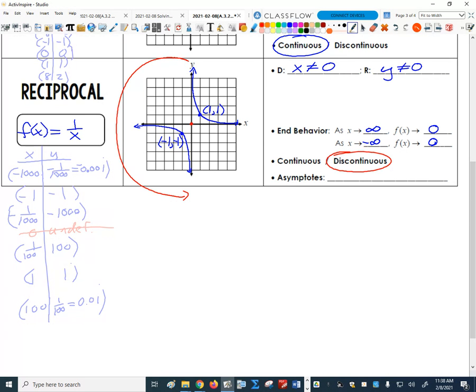There's something we could do to help graph this better. Okay, one thing I could do is I could put in some what we call asymptotes. Asymptotes, if I have to define an asymptote, here's what it is. I'm going to type this down here so you can read it better.